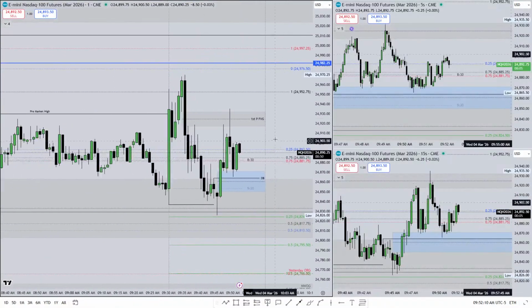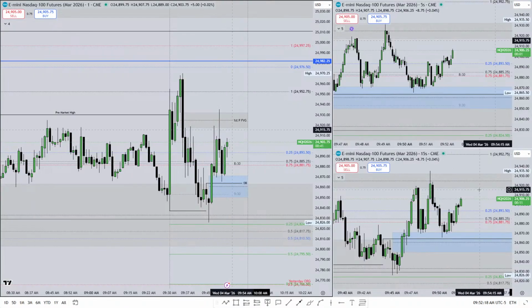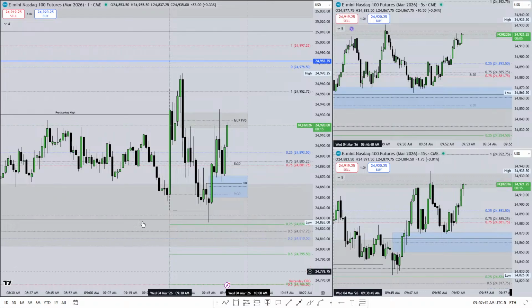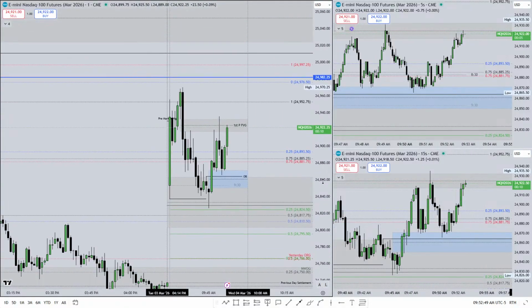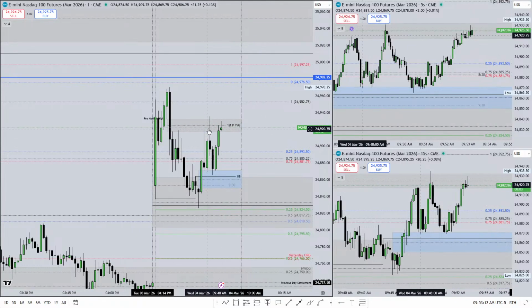So, further leans into our bullish bias. Looking at the midpoint of this wick.